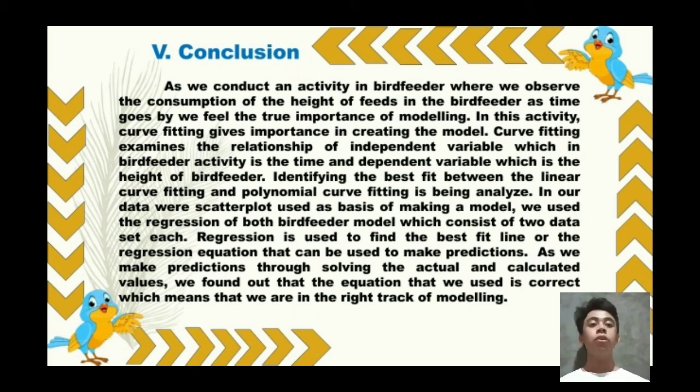As we make predictions through solving the actual and calculated values, we found out that the equations that we used are correct, which means that we are on the right track of modeling.